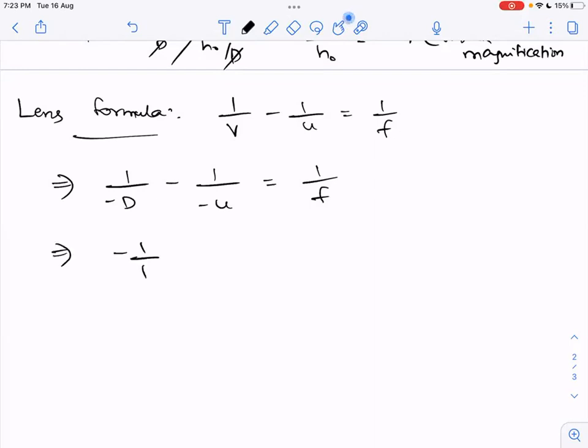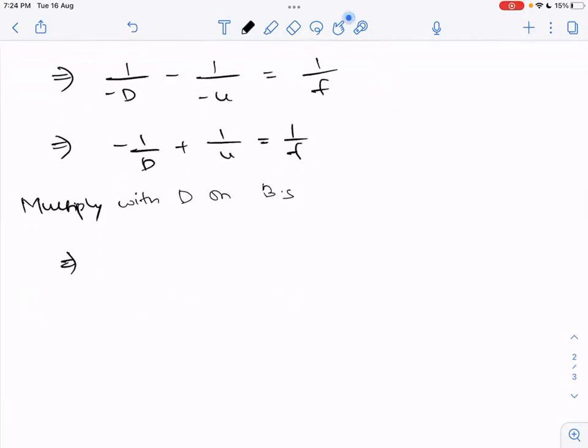So minus 1 by d plus 1 by u is equal to 1 by f. Multiply with d on both sides: minus 1 plus d by u is equal to d by f, which implies d by u is equal to 1 plus d by f.